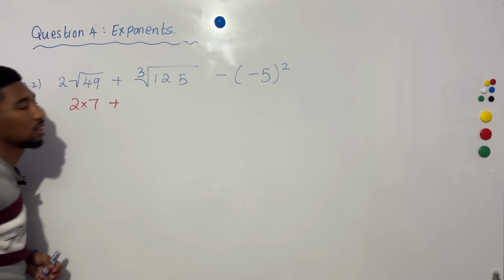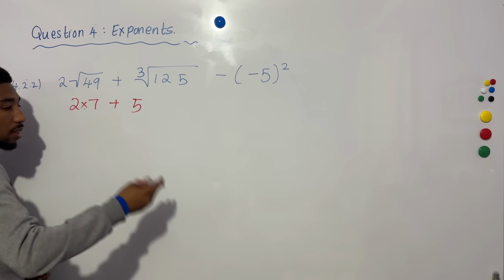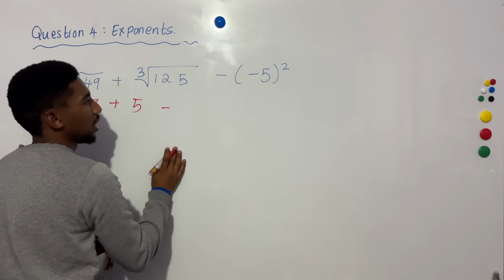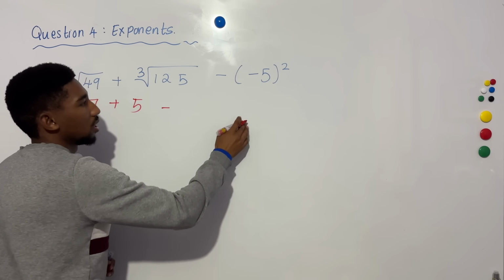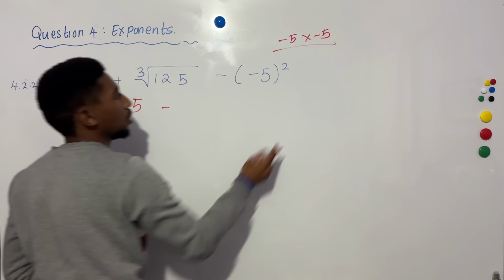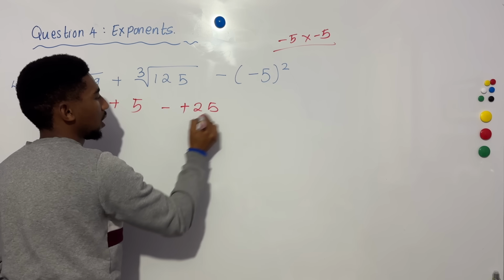Do not put this entire thing into your calculator. We work individually. We bring it down. Cube root of 125 is 5. 5 times 5 times 5 is equal to 125. We have minus 5 squared. This is telling us minus 5 times minus 5, and we know that that's going to be a positive 25.